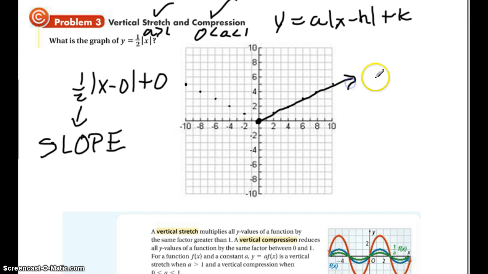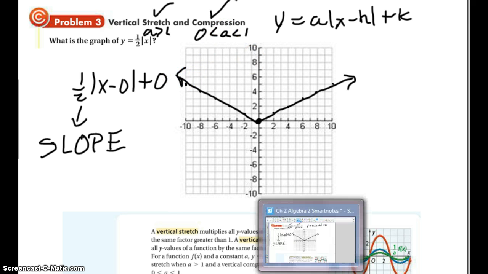And there's our graph of y equals 1/2 absolute value of x.